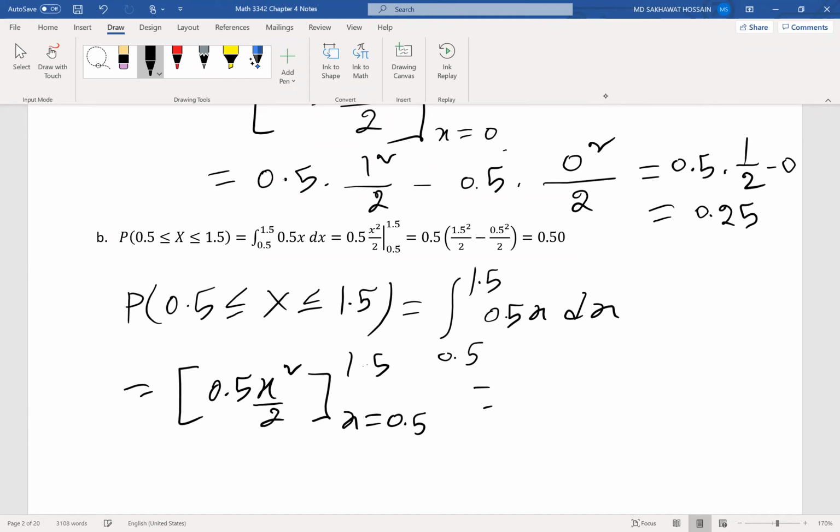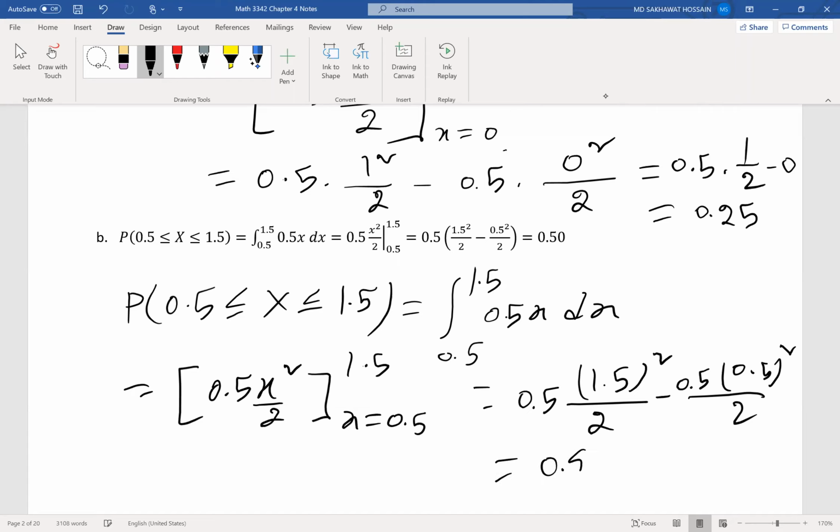First you plug in the upper limit, 1.5 squared divided by 2, minus the lower limit, 0.5 squared divided by 2. If you simplify this, it will be 0.5. So this is the probability. Do you have any questions?